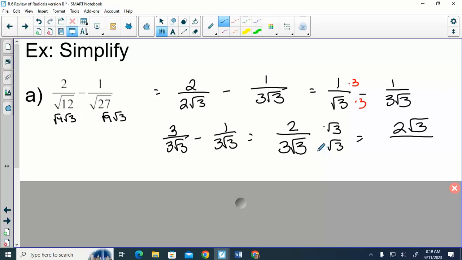This would be 3 times the square root of 9. So 3 times 3, which is 9. Any questions on that one?